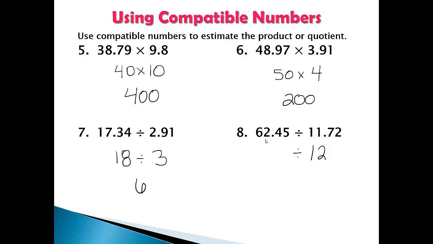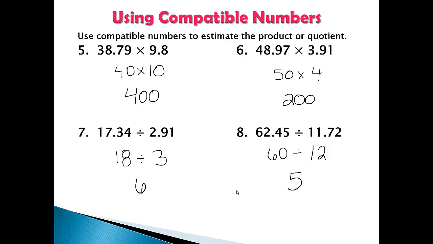If I try to go up a number to 63, that also cannot be divided by 12. So now I have to think about what's close. And 60 is close to 62 and 45 hundredths. And that can be divided by 12, because 60 divided by 12 is 5.